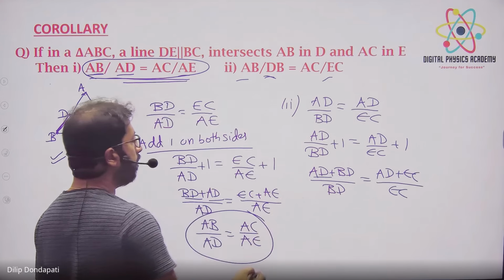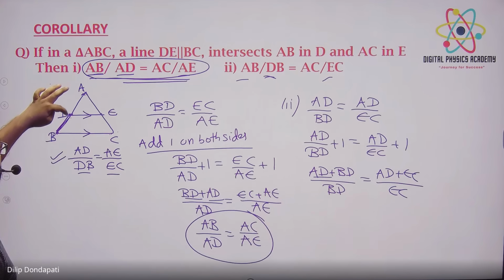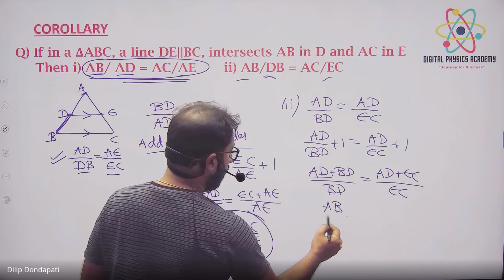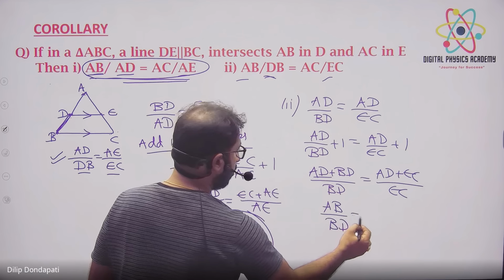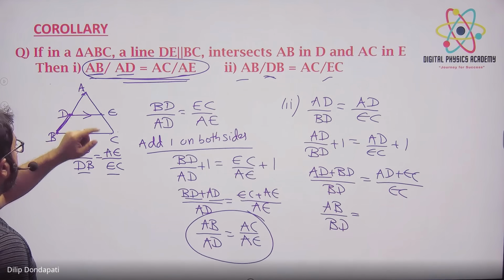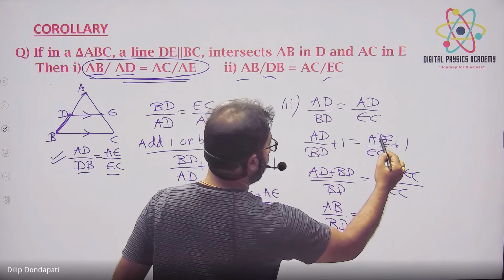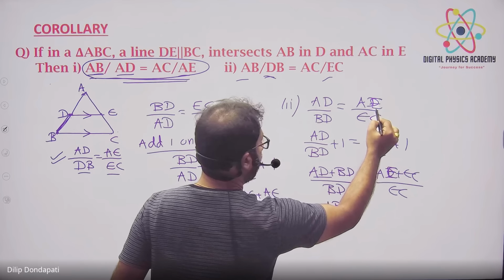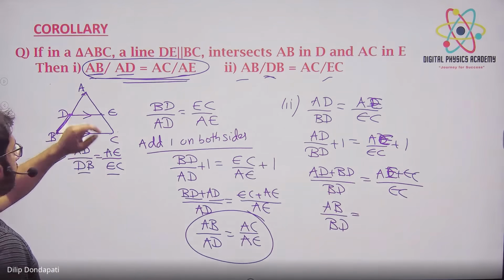And what is AD plus BD? AD plus BD is AB. AB by BD is equal to similarly AE plus EC. AE plus EC will be AC. AC by EC. We put this one.